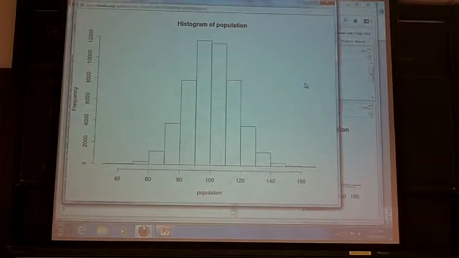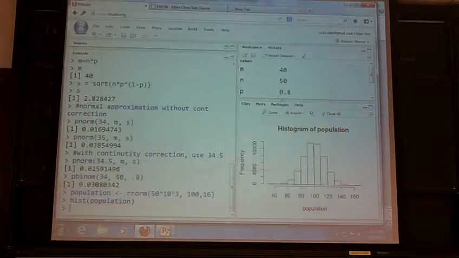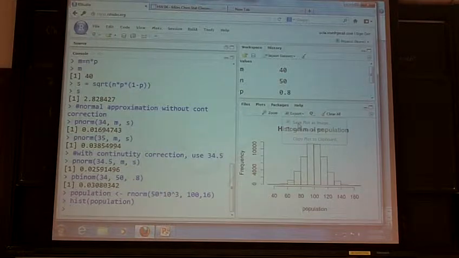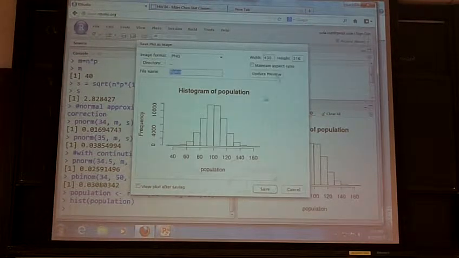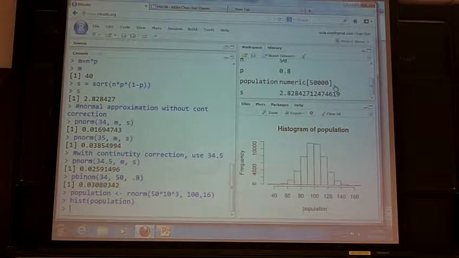Let's keep this in mind somewhere. Let's see if I can export this. Okay, so what I'm going to do is generate a sample. If we look at what population is, it's just a list of 50,000 different values.